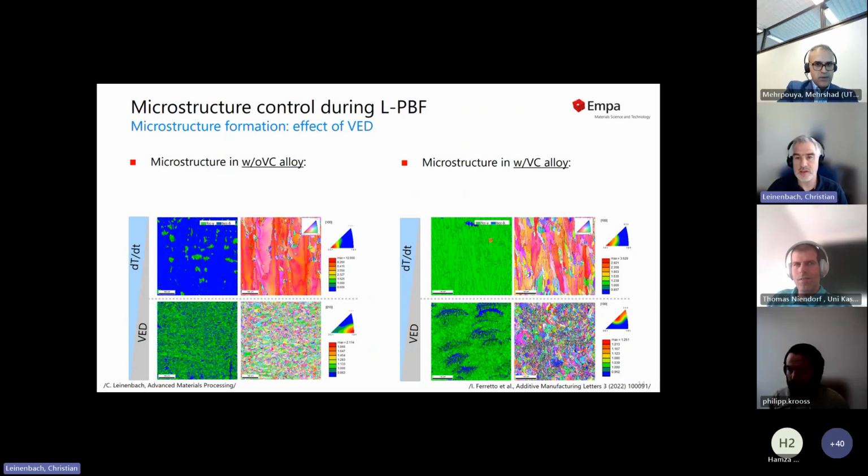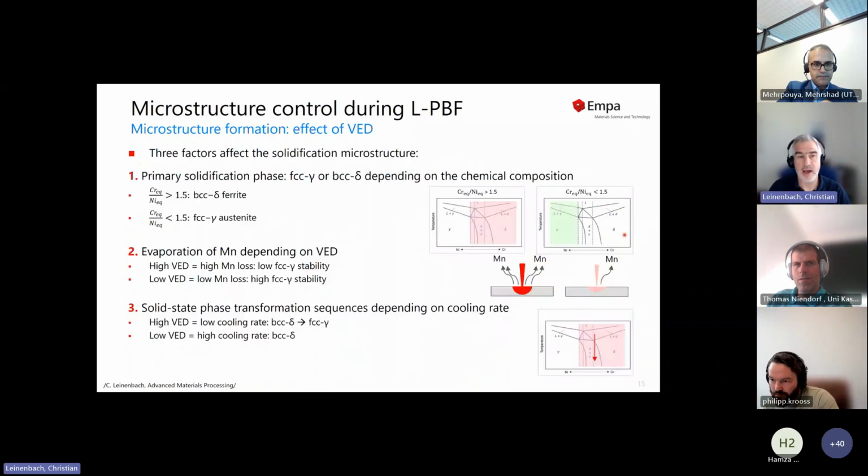This was really astonishing. Well, it's a steel, and in steels, in particular these high-alloyed steels, the composition can affect the solidification microstructure, in particular the primary solidification phase.